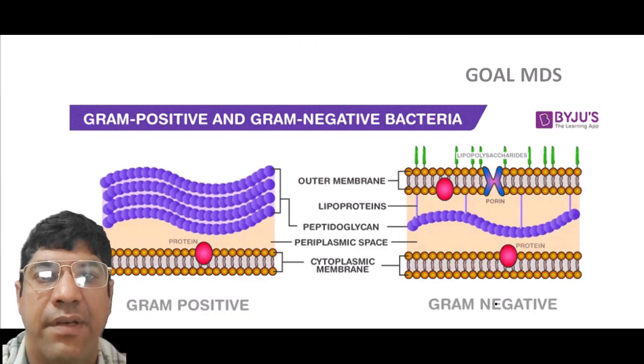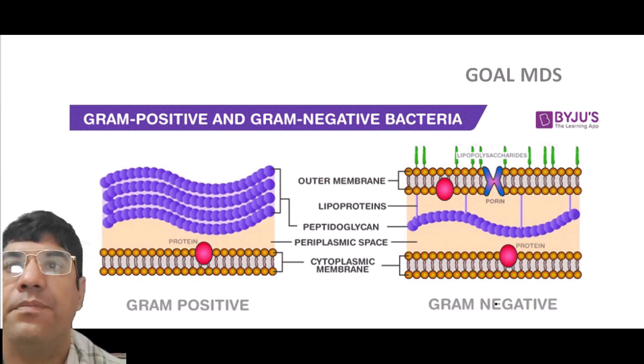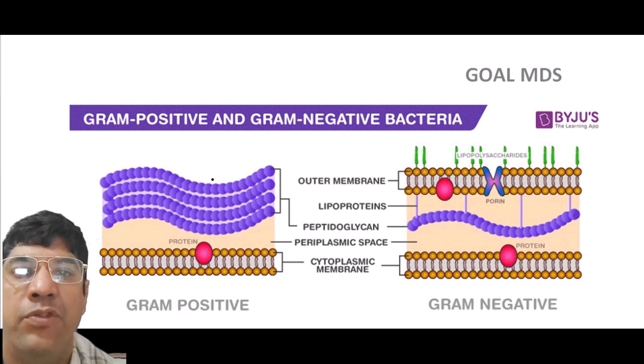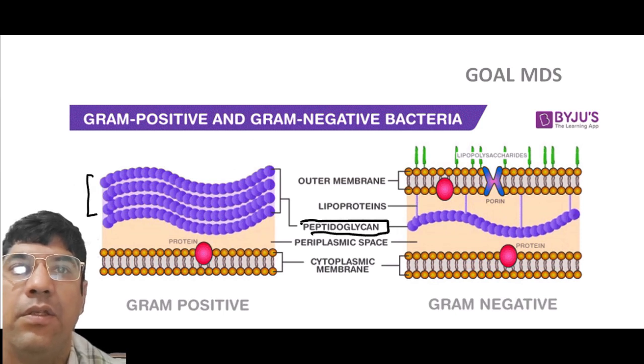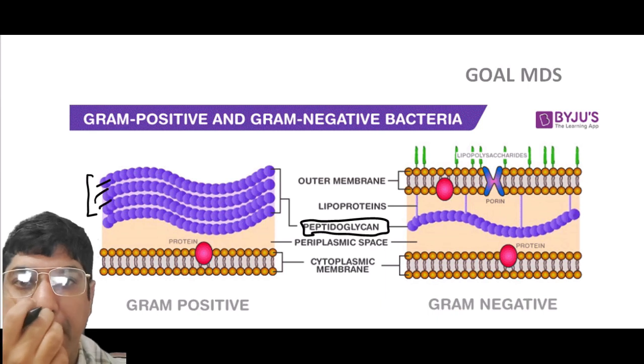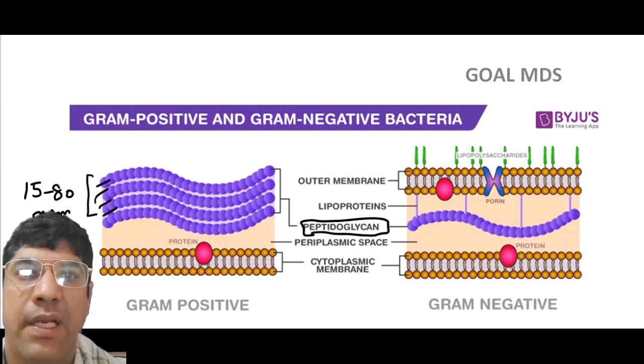Now let us discuss the structural components of the gram-positive bacteria. The gram-positive bacteria are composed of a thick layer of peptidoglycan, which can be around 15 to 80 nanometers thick. This layer provides support and rigidity to the bacterial cell.